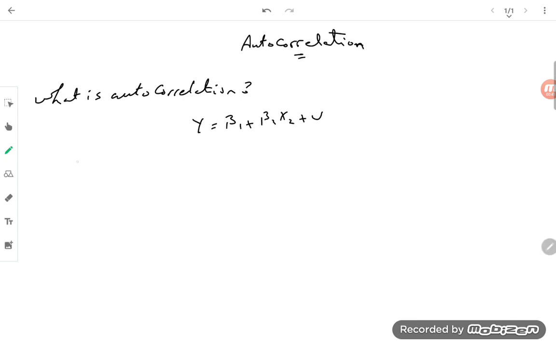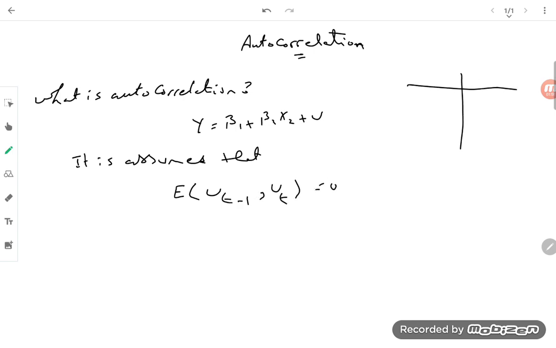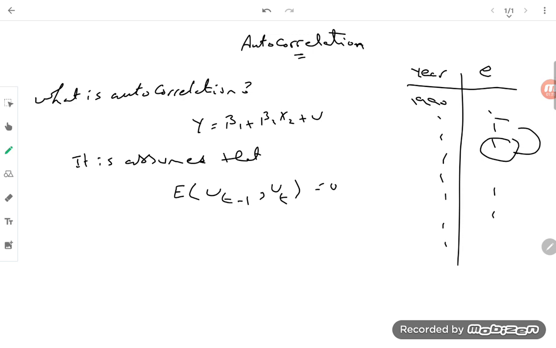So if you are going to find the error term over a number of observations, the error term this year and the error term in the previous year, the correlation between them is zero.